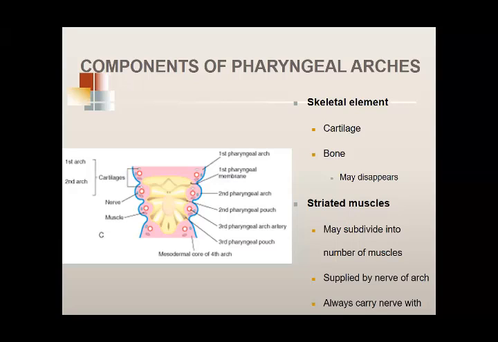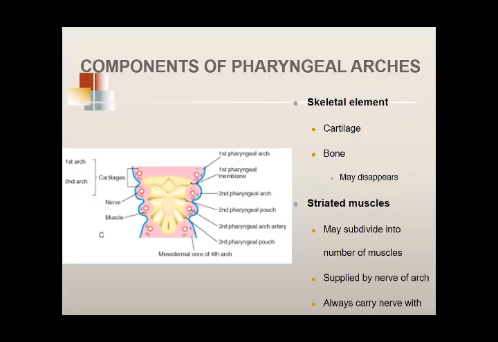The second structure that develops inside the pharyngeal arch is a muscle, striated muscle. Yes, smooth muscles नहीं होंगे यहाँ पे. It will be a striated muscle. अब ये muscles जो हैं, they may subdivide. It can be a single muscle or it may subdivide into multiple small muscles.